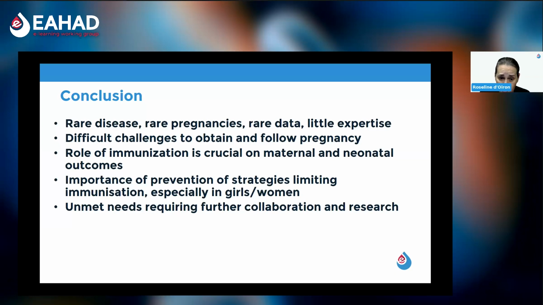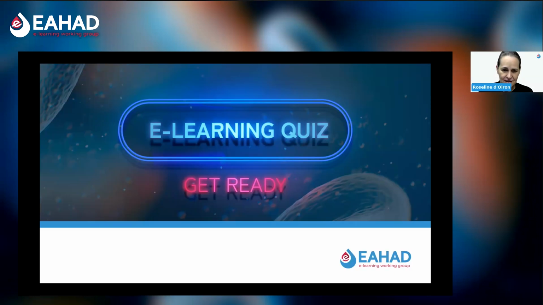So it is important to acknowledge that prevention strategies to limit immunizations are extremely useful and should be implemented, especially in girls and women with GT. And a lot of unmet needs will require further collaboration and research on that topic in order to improve the care for these women. Thank you for listening to this first part on Glanzmann Thrombasthenia and pregnancy.